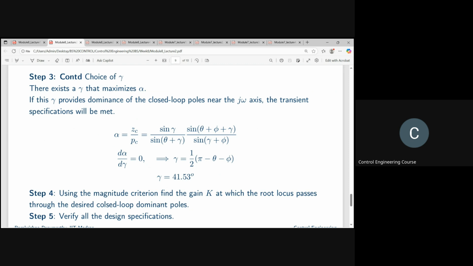Is this clear or not? Yes, just one sec. I am just writing it down. Do you have access to this presentation? Yes, sir, I do. I don't know what happened to others. They ran away.